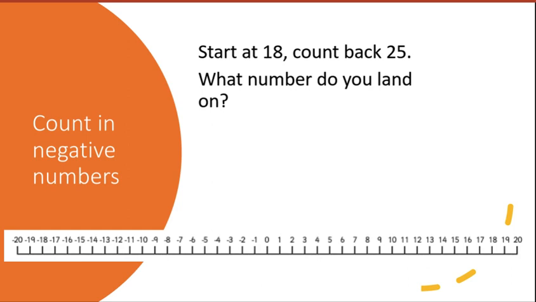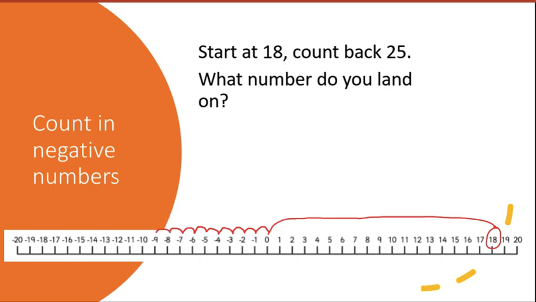Then let's look together. We're starting at the number 18. We want to count back 25. I know that if I count all the way to 0, that's counting back 18. I need to count back a little bit further though to get me to count back 25. So 18, 19, 20, 21, 22, 23, 24, 25.